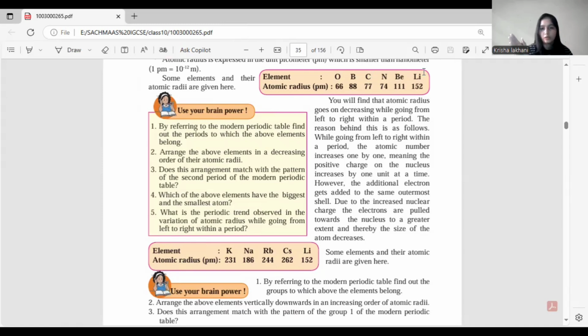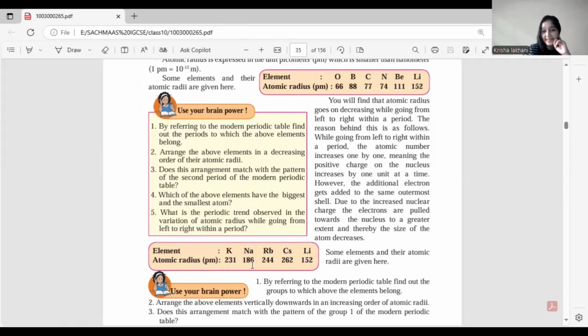It is given in reverse: 66, 88, 74, 74, 112, 152. 152 is the highest. The atomic radius will go on decreasing when you go left to right. But the atomic radius will increase when you go down the group. Can you see this? Sodium, potassium, rubidium, cesium, and lithium.